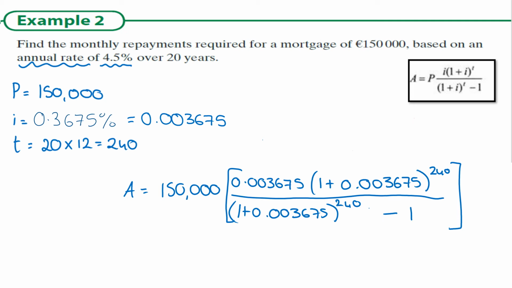This is often split into two pieces in an exam question, so they would let you know how many decimal places to go to with that interest rate, so don't panic about that.